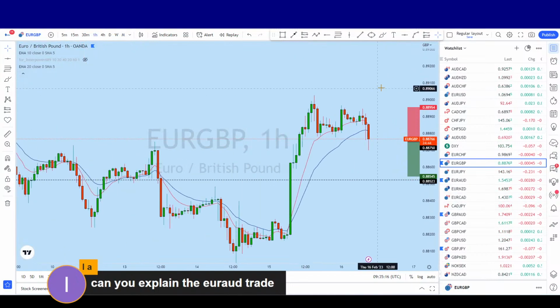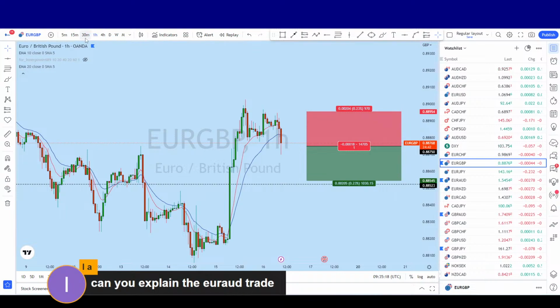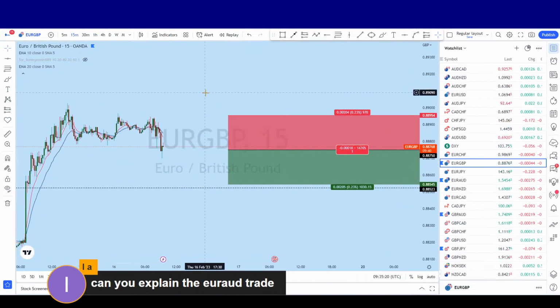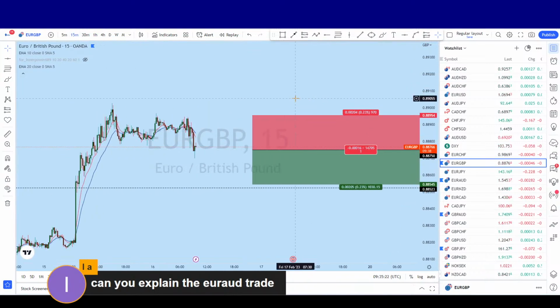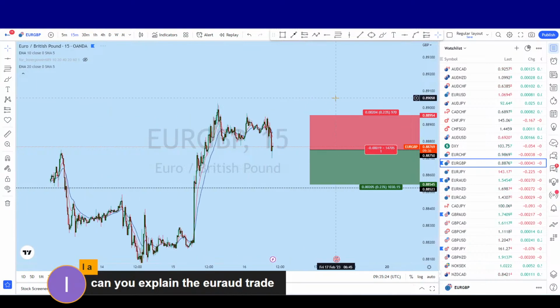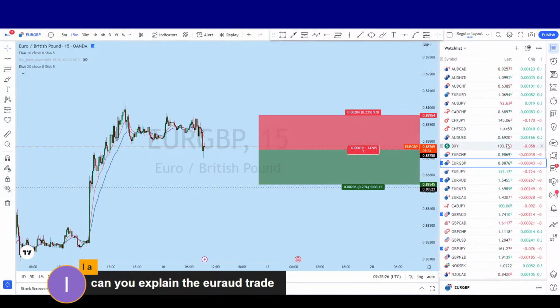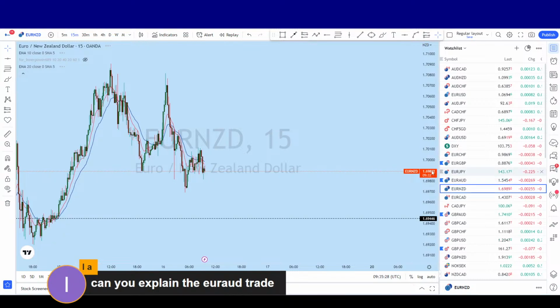So we are on a Euro GBP trade, and okay, hopefully we'll get that on. Let me see if there is anything else here.